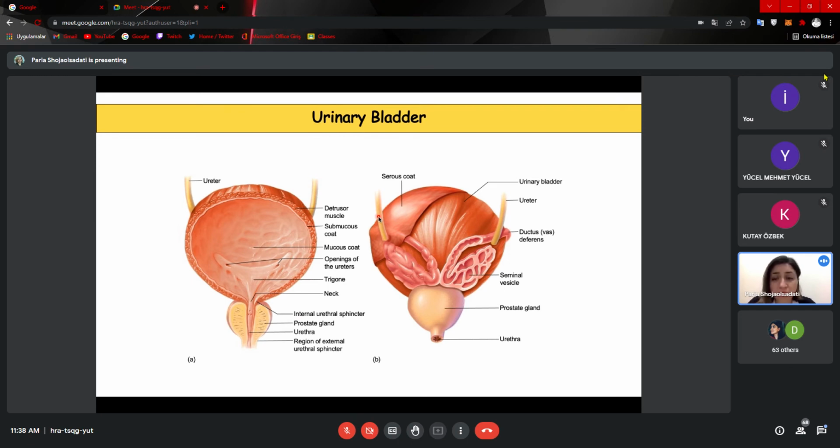You can see the entrance of the ureters on both sides and the different layers of the wall: the inside layer of mucous membrane, the submucous coat under this layer, the muscles or detrusor muscle, and the superficial coating or serous coat of the bladder.